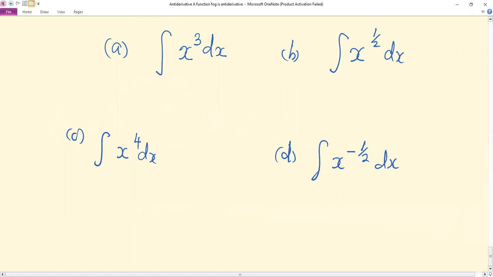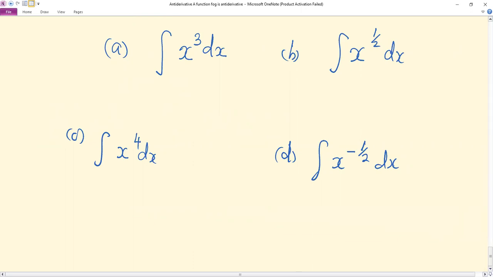Now, on the first problem, integral of x raised to the power 3 dx, we simply add 1 to the power 3, and once we have the answer, we divide by that new power and then add the constant of integration.